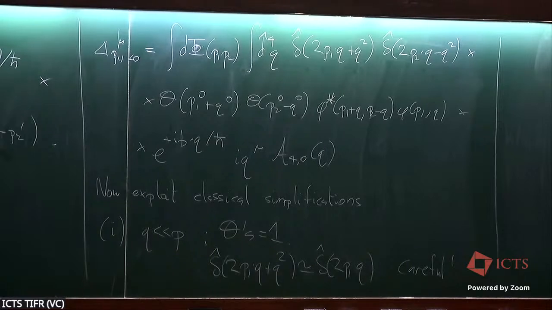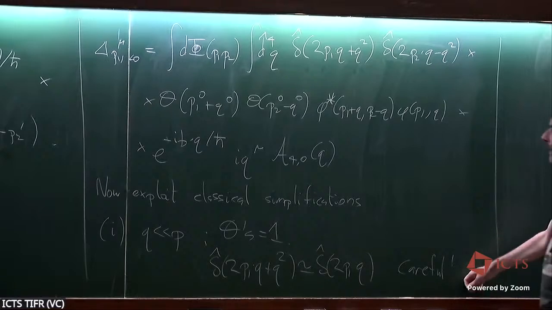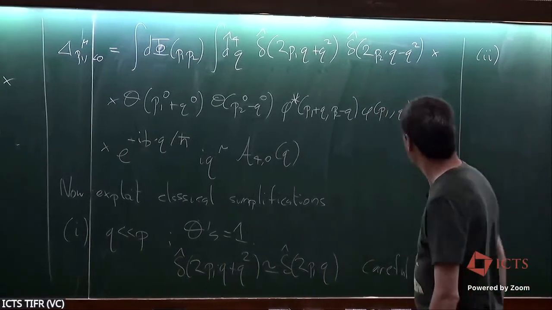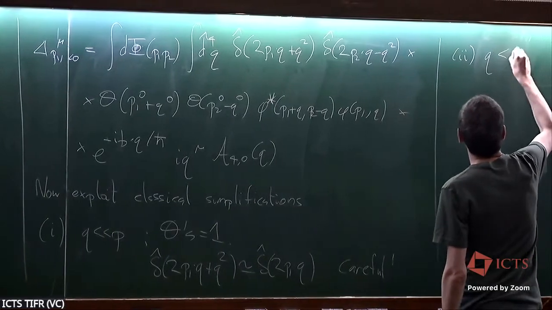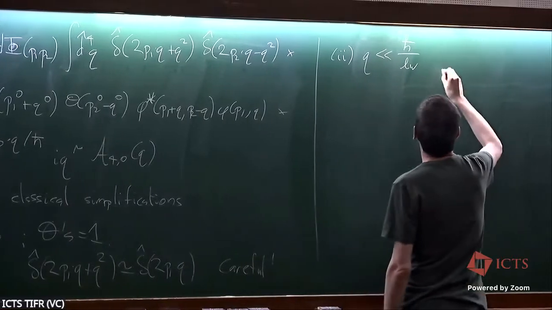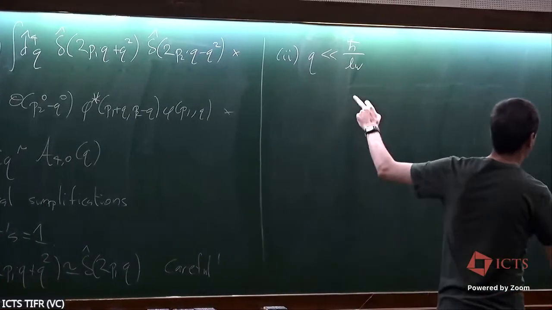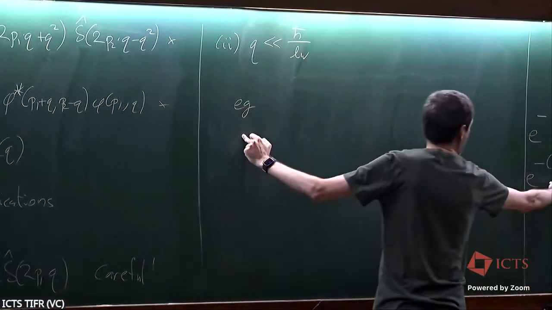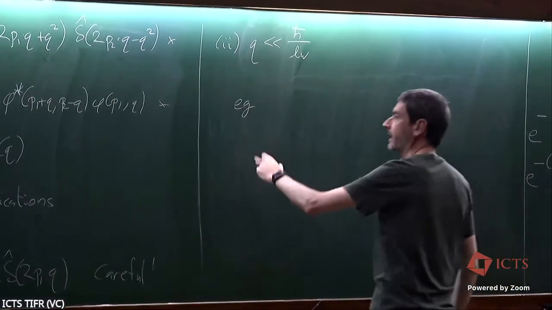So let me maybe keep the wave packets here for a moment. Okay, secondly, this Q is very small compared to h bar over L_W. So in particular, I'm thinking about my wave packets in momentum space.